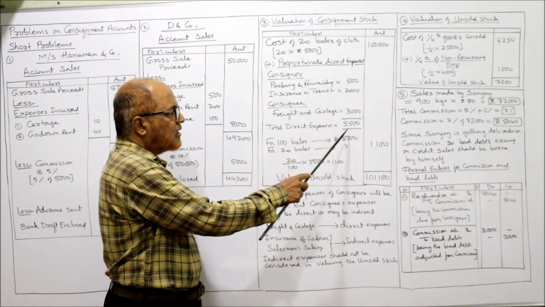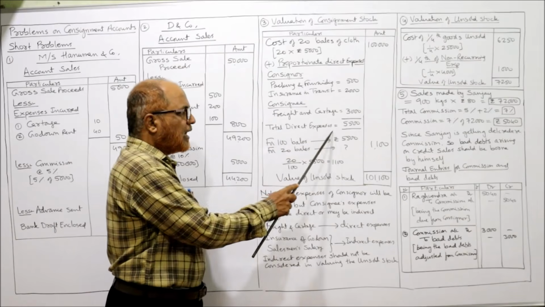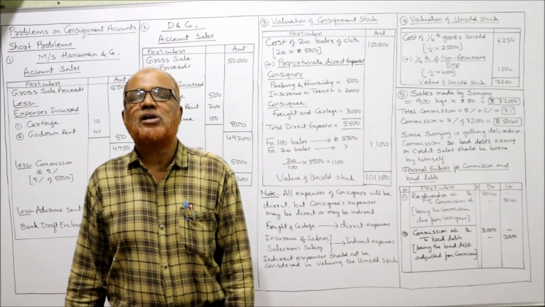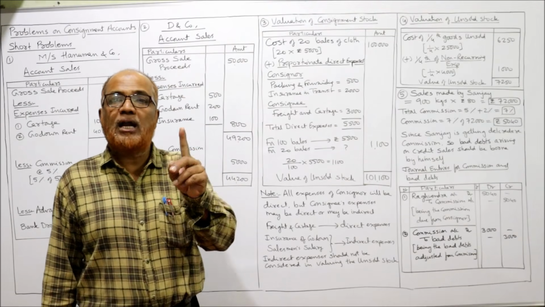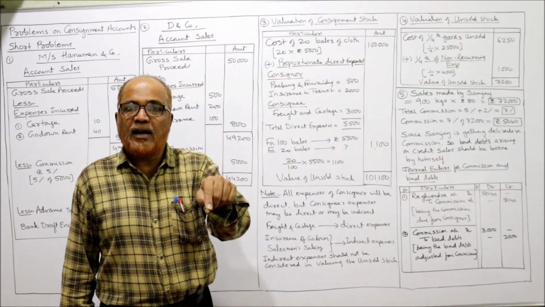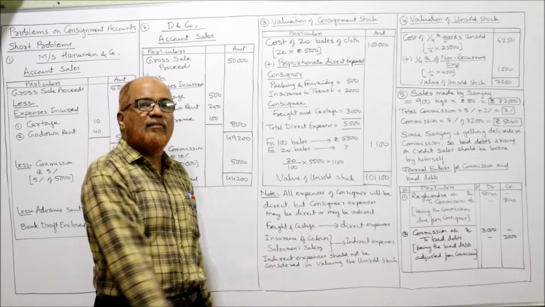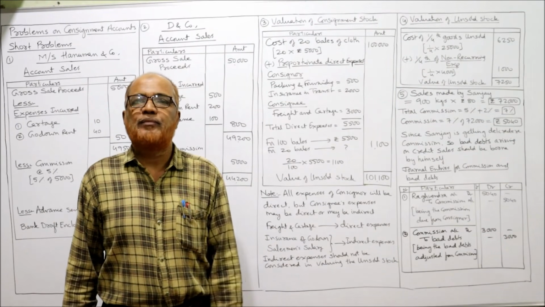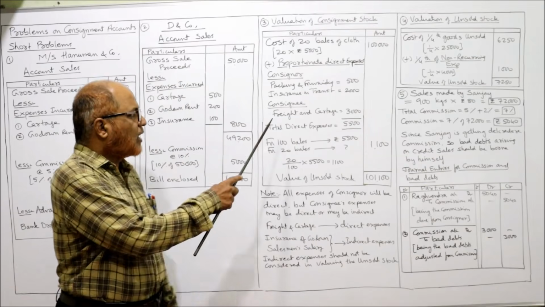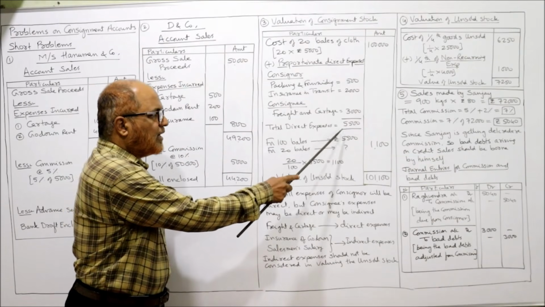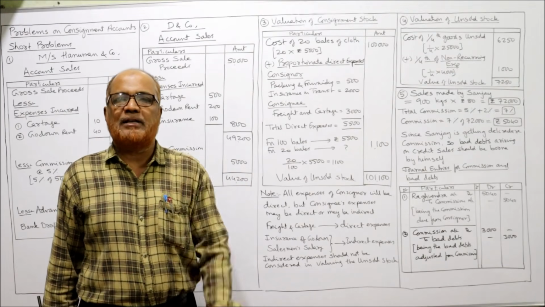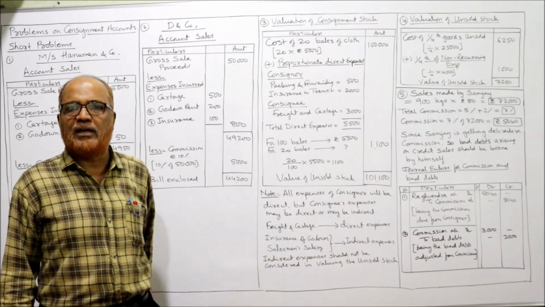Now take the total direct expense 5,500. Total direct expense of 5,500 on all the goods. All the goods means how many bales have been sent? 100 bales. On 100 bales, 5,500 is the total direct cost. How many bales are remaining unsold? 20 bales. But we require only for 20 bales because unsold stock is 20 bales.